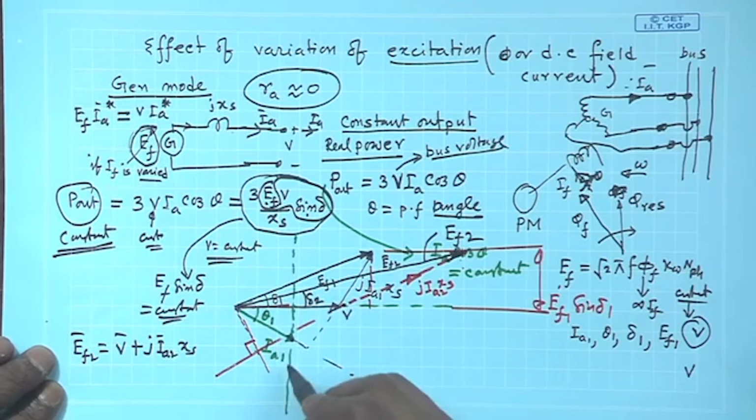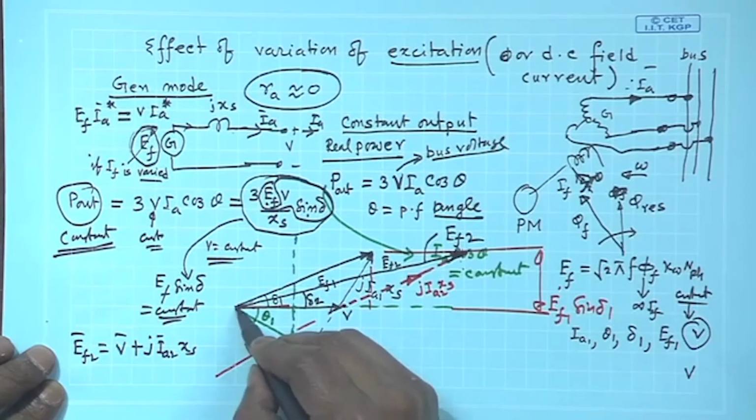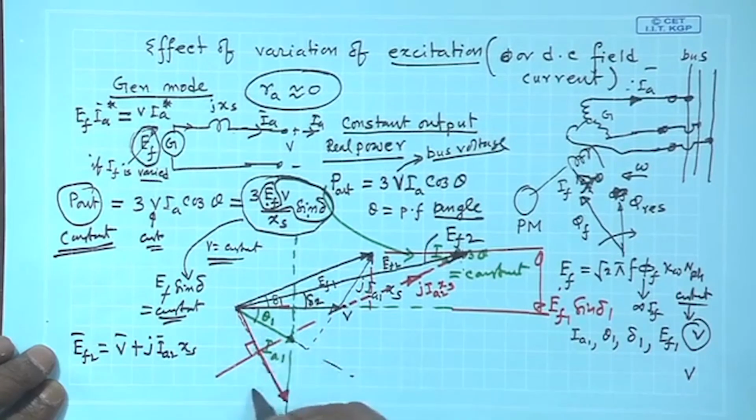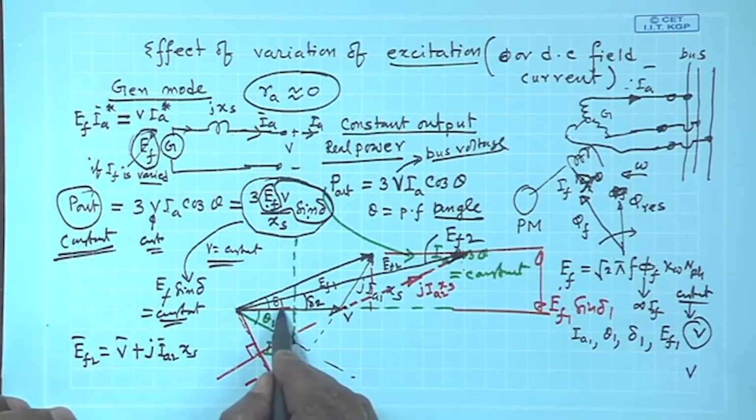But the tip of I a 2 must lie on this green line. So, this will be your I a 2, and this will be your new power factor angle theta 2.